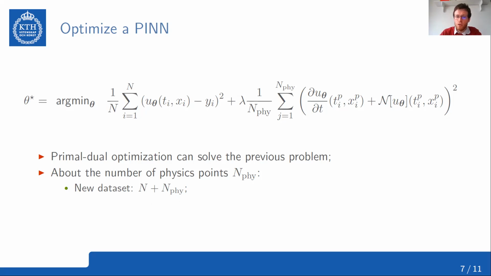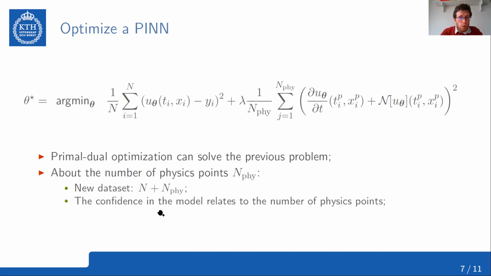And the more points you have, the more precise your solution will be. And here, adding this term is like increasing the data set with, how can I say that, they are physics points. I mean, they do not exist. You do not know the value of u_theta at this point, but it's a physics term. So you can add them to the data set because you assume you know a model.